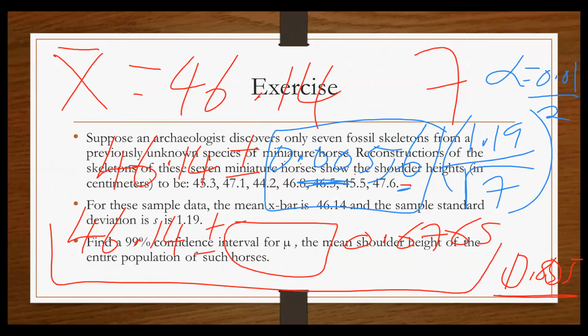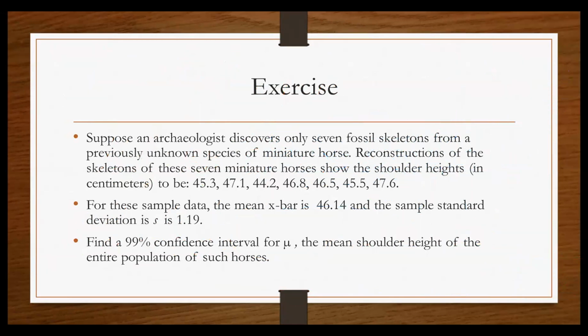We are looking for 0.05, degrees of freedom 6. We go to the table that will help us find the level of alpha.